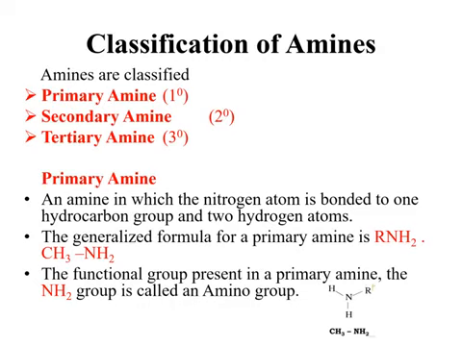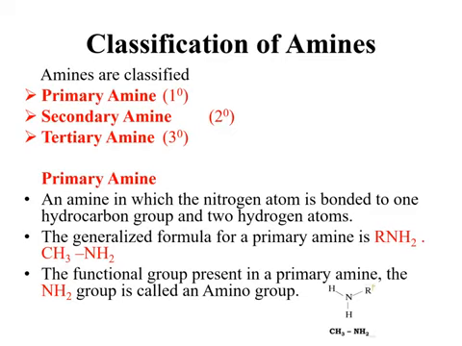An amine in which the nitrogen atom is bonded to one hydrocarbon group and two hydrogen atoms is known as a primary amine. The generalized formula for a primary amine is RNH2, where R stands for any type of alkyl group, and if this alkyl group is methyl, then this molecule will be named methylamine.